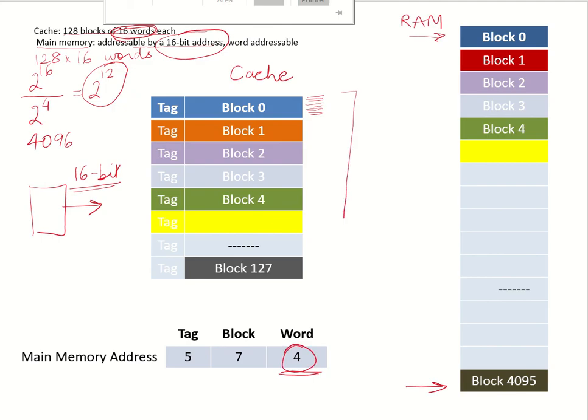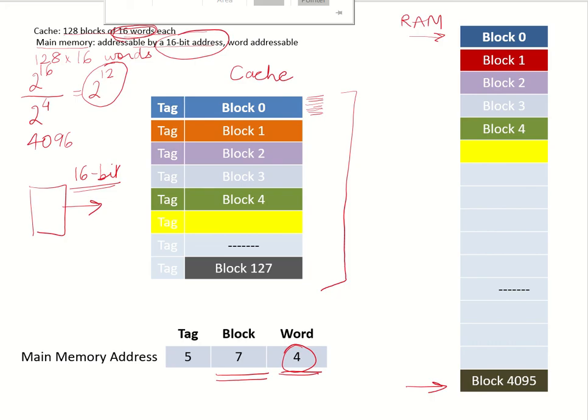Since there are 128 blocks in the cache, 7 bits are required to know which cache block this address would be available in. So 7 bits of the main memory address would help figure out the cache block.